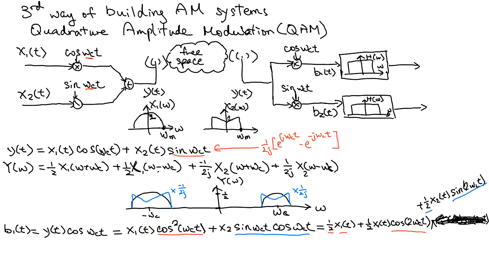For example, this signal, half x1t, if I took the Fourier transform, the spectrum of this signal x1 will be centered at 0 frequency. Are we okay? So the spectrum of this particular part x1 of t will be centered at 0.